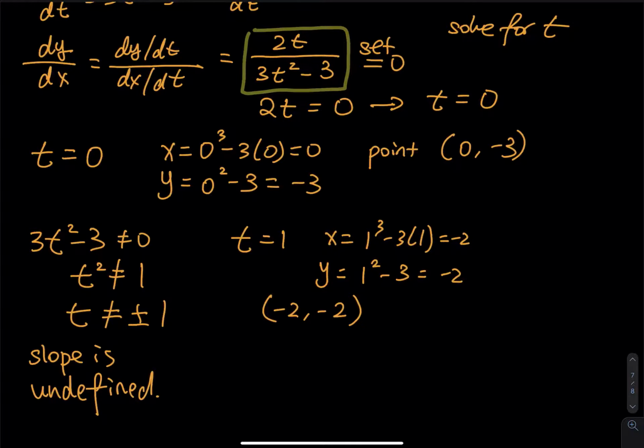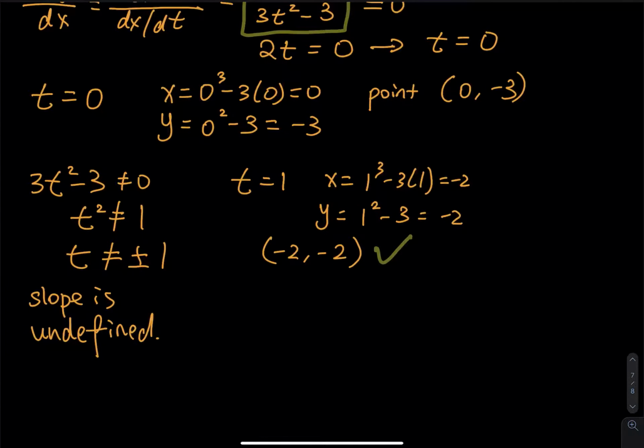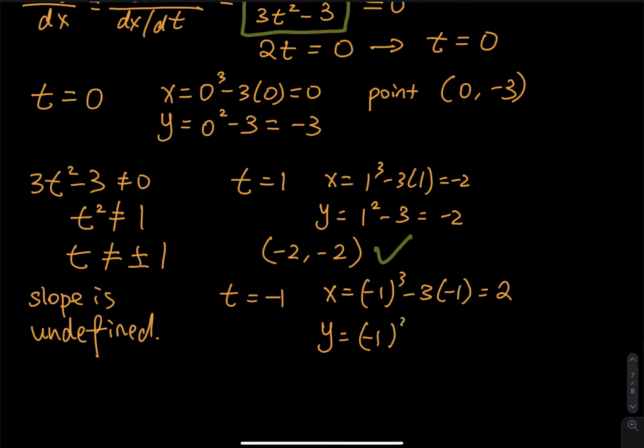So at this point, and then also when t equals negative 1, let's find out that as well. When t is negative 1, x equals negative 1 to the third minus 3 times negative 1, so that equals negative 1 plus 3, which equals 2, and then y equals negative 1 squared minus 3. 1 minus 3 equals negative 2, so the other point is 2 comma negative 2.